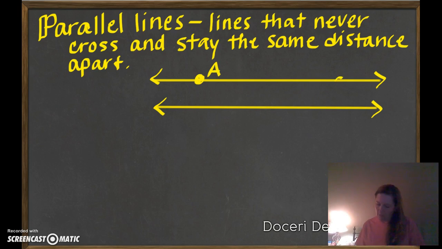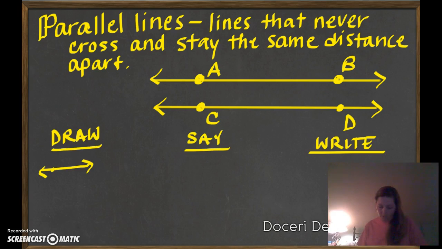So these two lines, line AB and line CD, would be parallel lines because they're never going to cross, and they're the same distance apart here, here, and here, that it never will change.